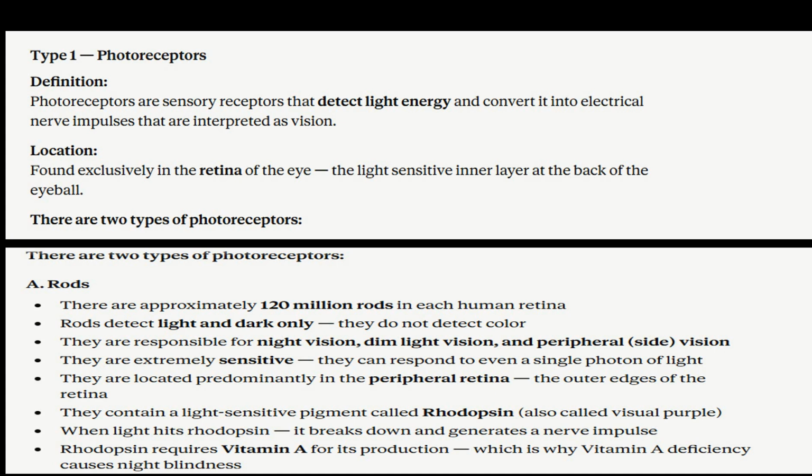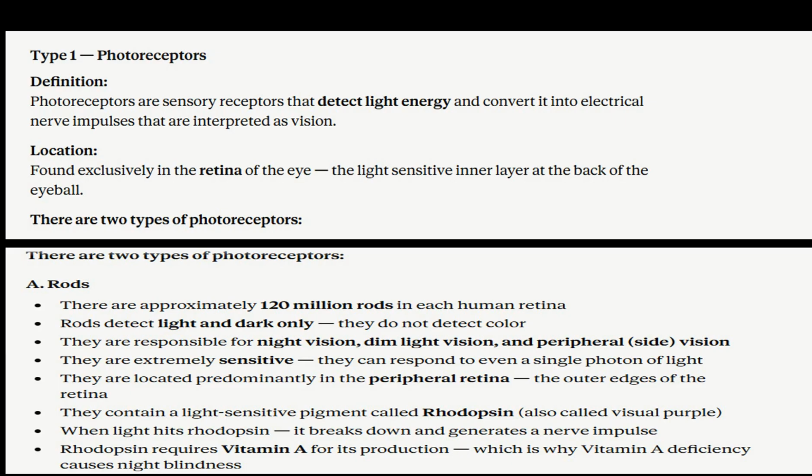If someone asks you in an interview what a photoreceptor is, you can take this simple definition: photoreceptors are sensory receptors that detect light energy and convert it into electrical nerve impulses that are interpreted as vision. So basically it detects the light energy and converts it into electrical nerve impulses, which are later interpreted as vision.